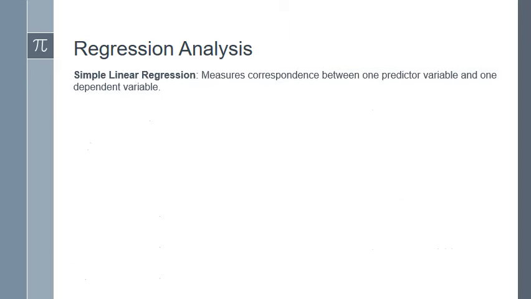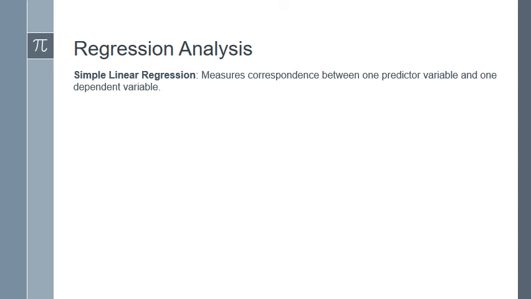There's this other thing that rides on correlation, but it's a little bit different, and it's called regression analysis. They're usually married together because regression is basically a more advanced form of correlation. There are different kinds of regression analysis, and regression allows you to look at a predictor variable and a dependent variable.